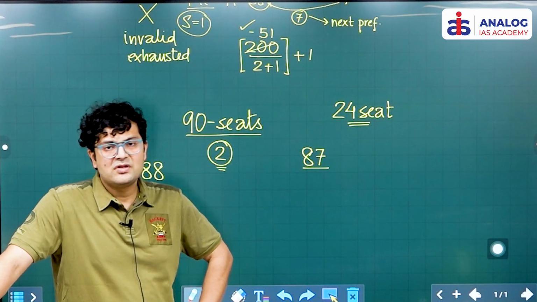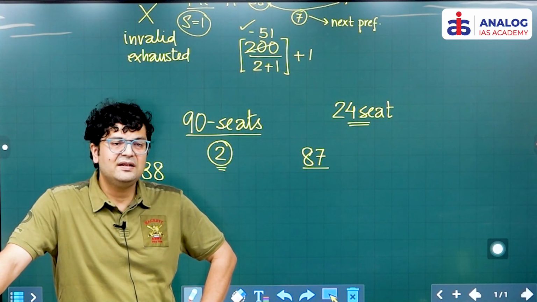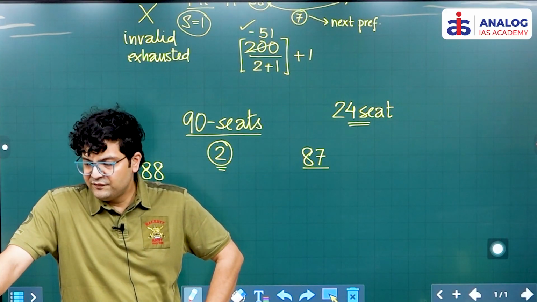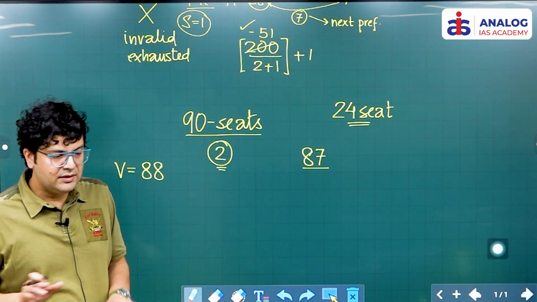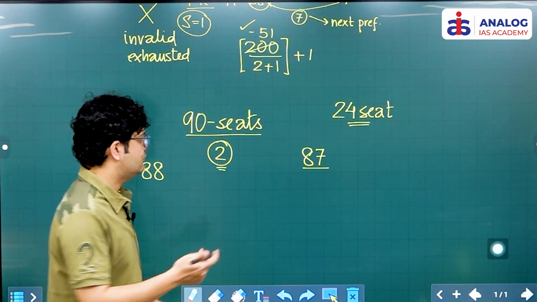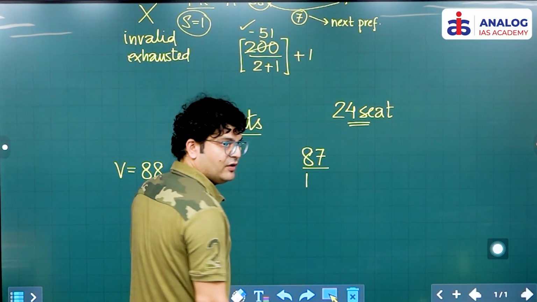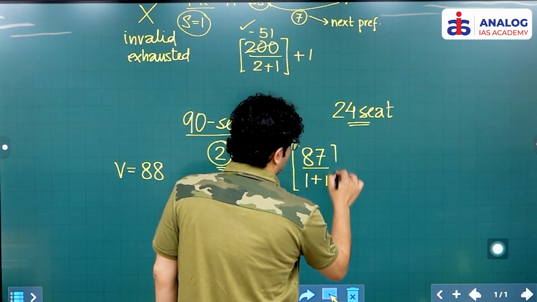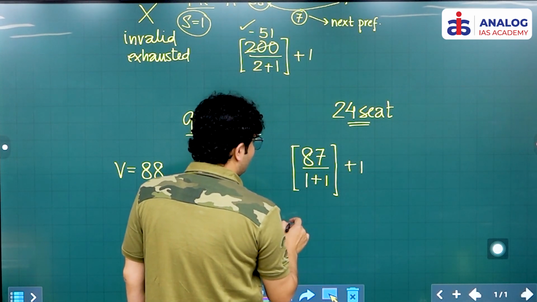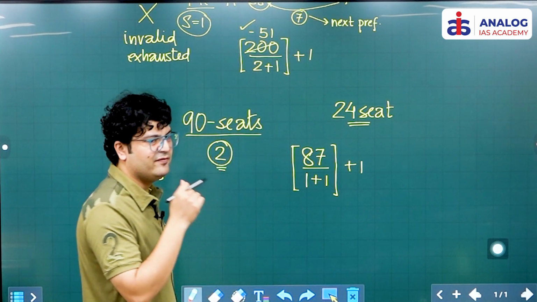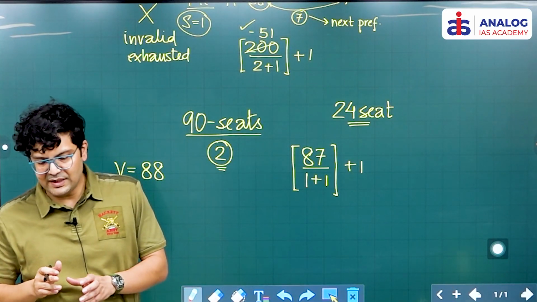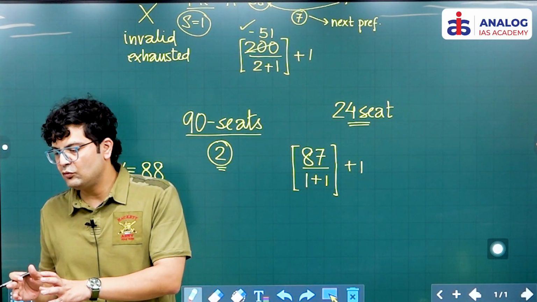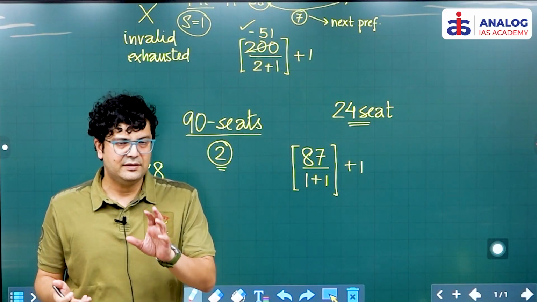In Jammu and Kashmir we have 90 seats, 24 are vacant. For seat 1, the quota was decided as 1 seat up for election, plus 1, plus 1, so roughly the quota was 44. Any person who got 44 votes would be declared the winner for that seat.